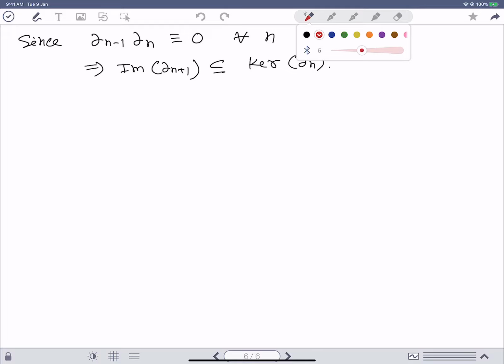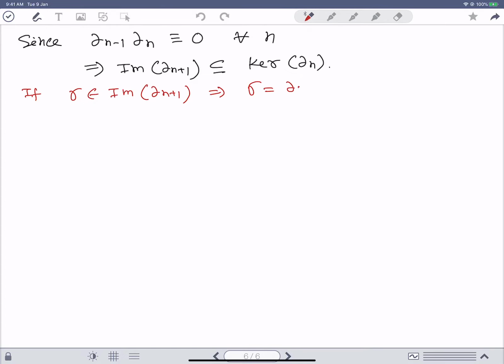Because if say sigma belongs to image of del n plus 1, that implies sigma can be written as del n plus 1 tau, right? Now what will be my del n sigma?